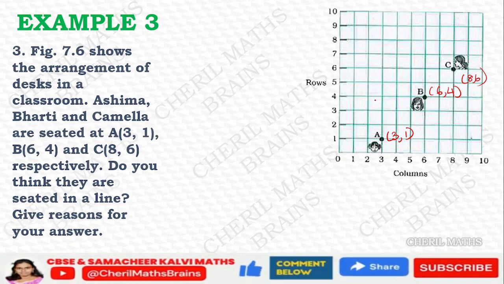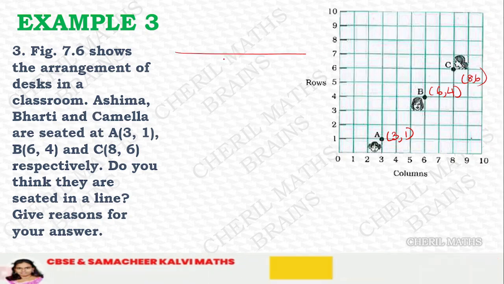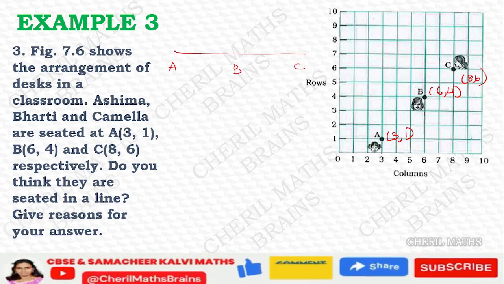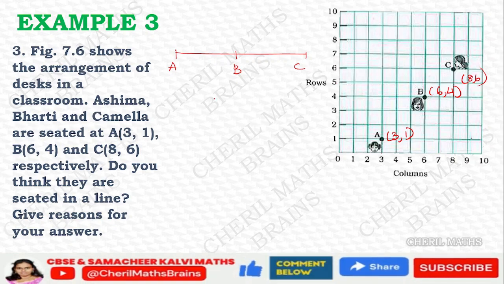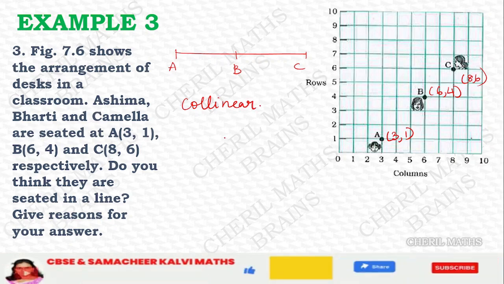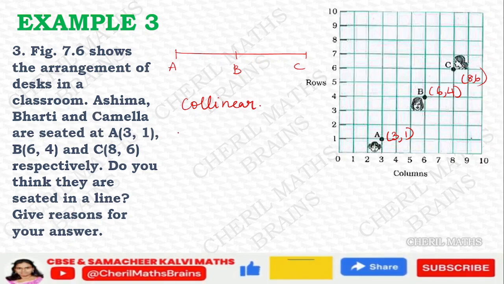But what if the numbers are going to be bigger? So just imagine this line. So you have A, B and C. How will you say that these 3 points lie in the same line? You can say that these 3 points are going to be collinear. You need to prove that they are collinear. How do you prove they are collinear?